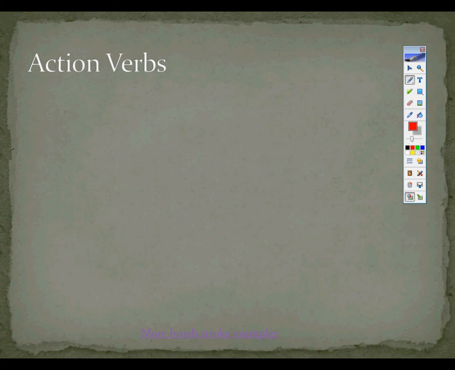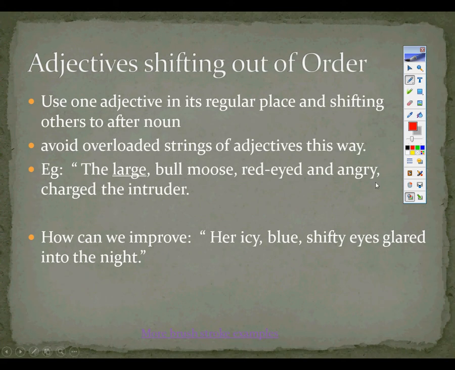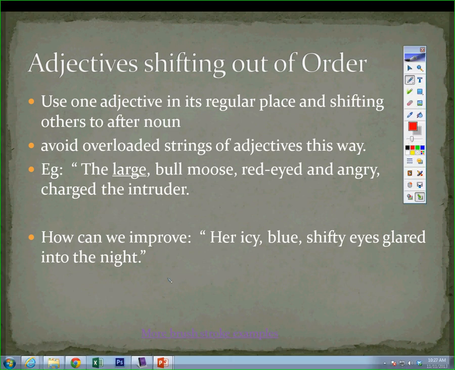Okay, so this concludes the portion on adjectives out of order. Again, for adjectives out of order, what we are looking for is a noun, and after the noun we're going to have our two adjectives.